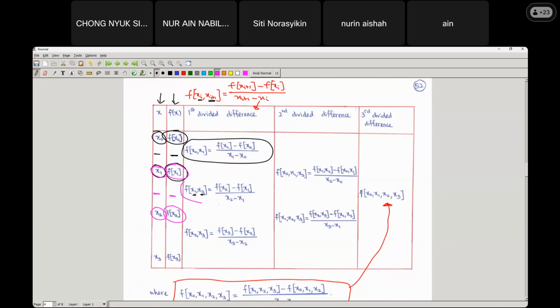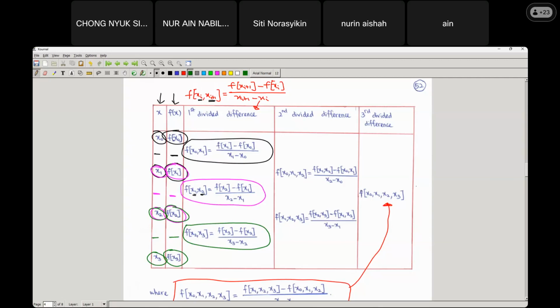So we get this value. Next, we would like to calculate f[x2, x3]. So we have to take f(x3) minus f(x2) divided by x3 minus x2. Then we will be able to get this value.